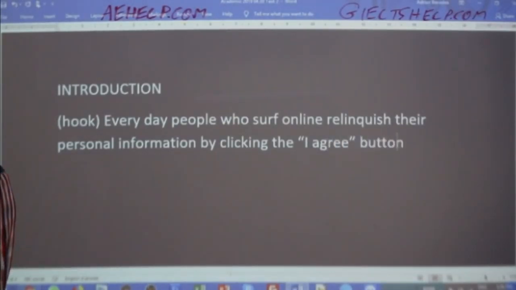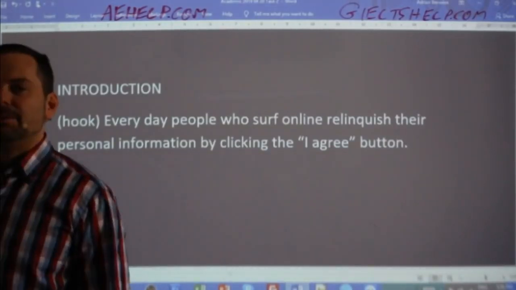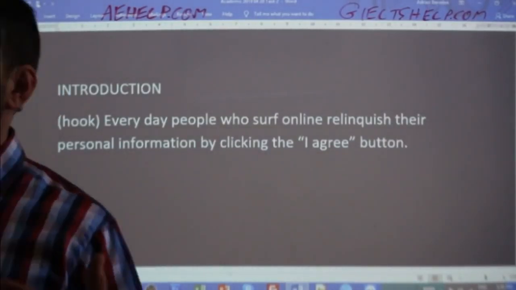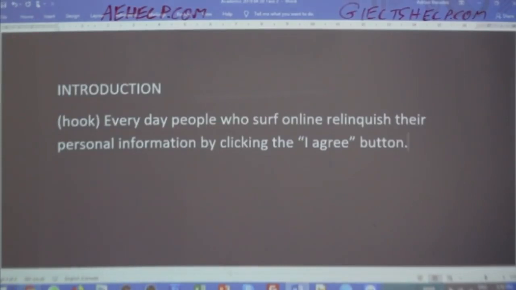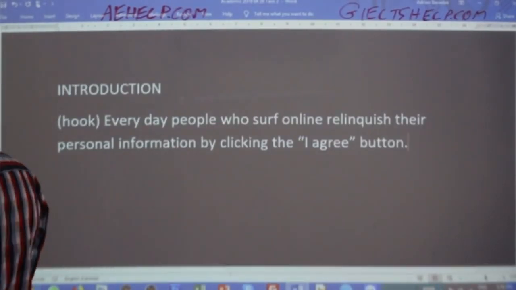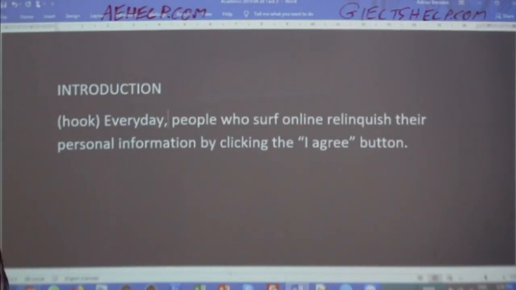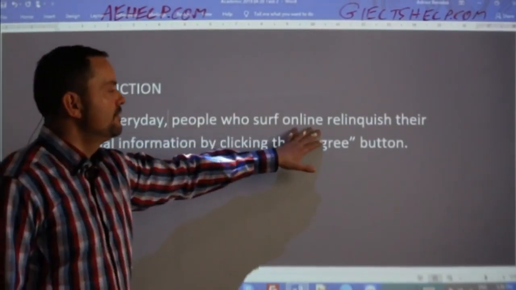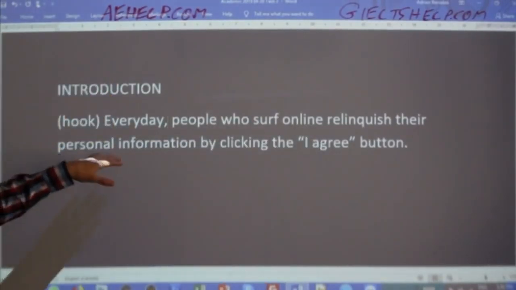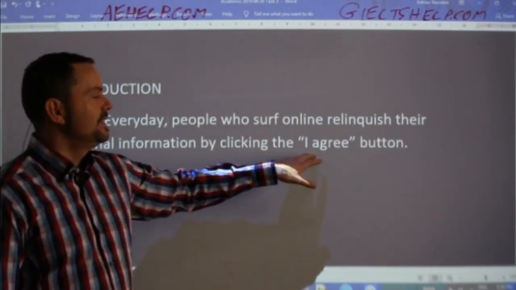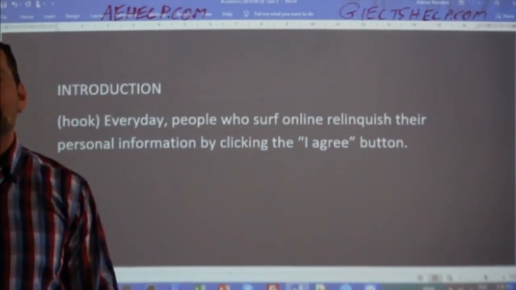All right. So I decided to do something a little bit fancy with my hook here. Definitely into your band 9 category. Every day, as two words, referring to each and every day. Every day, people who surf online relinquish their personal information by clicking the I agree button.